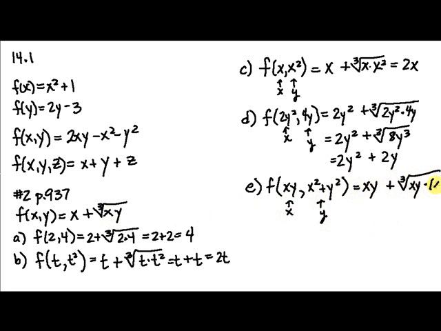And again, I could distribute this, but it's not going to do me a whole lot of good as far as being able to factor. So I'm just going to leave it in this form. Now in this case, because we were plugging two variable functions into this two variable function f, we ended up with a new two variable function.